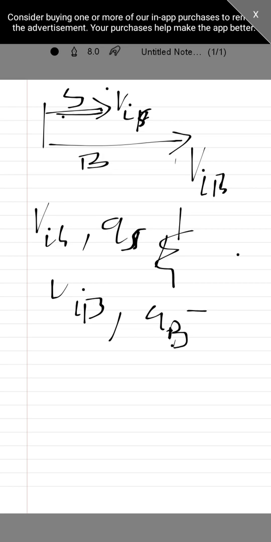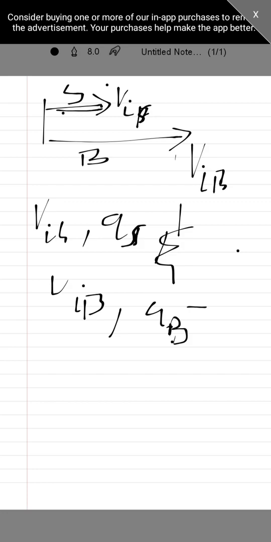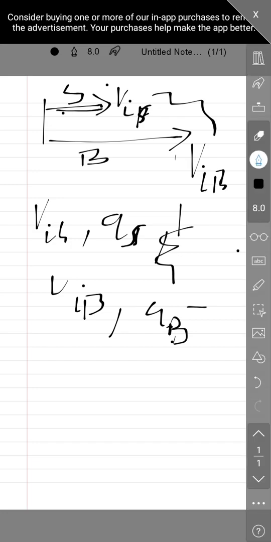So what we can do now, actually this is their relative position given different initial velocities. So let's continue.